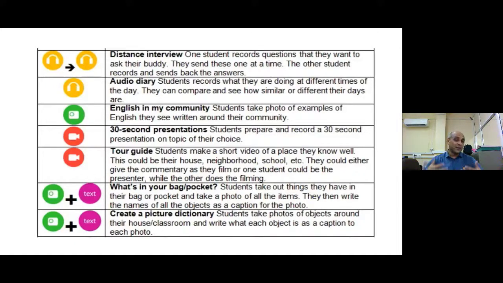Now, these are becoming some high level language proficiency activities, like the distance interview, for example, which is audio in nature. And every time we're teaching language, our problem is that the students don't speak. You ask them to write an essay, they'll do that. Because while speaking, they show a lot of inhibition and hesitation.